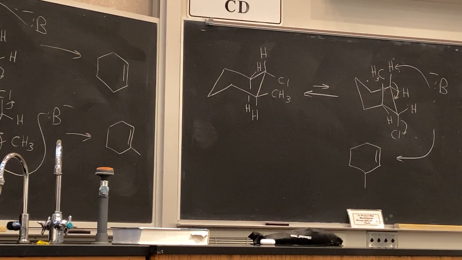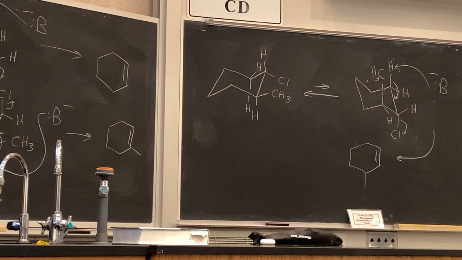Okay, so in some cases, such as the one on the board over here on my left, on your right, the product predicted by Zaitsev's rule is not accessible. Any questions?